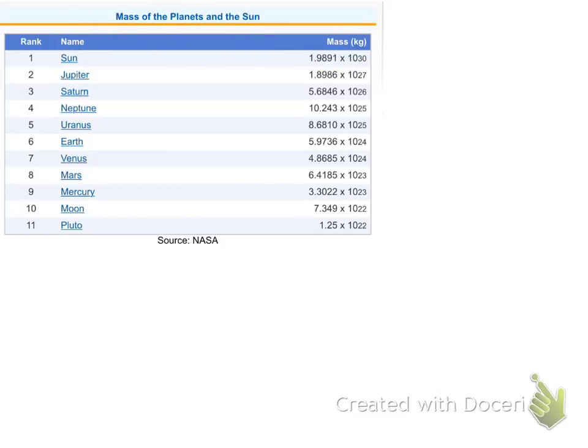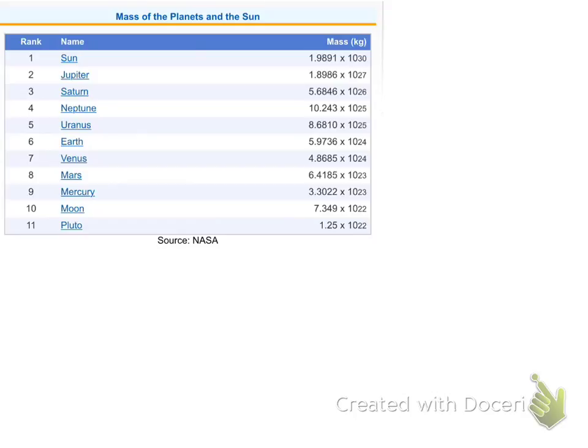Okay, so if I was going to define a new unit for mass for talking about the masses of objects in the solar system, I might look at this chart and base my decision on some of these numbers here.